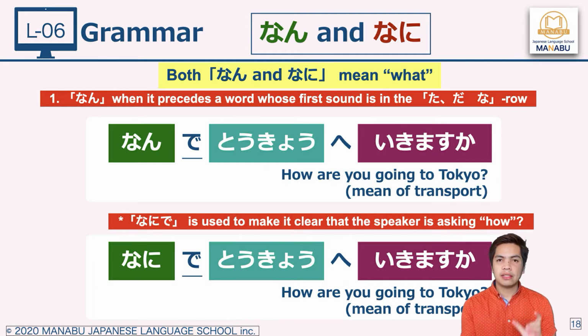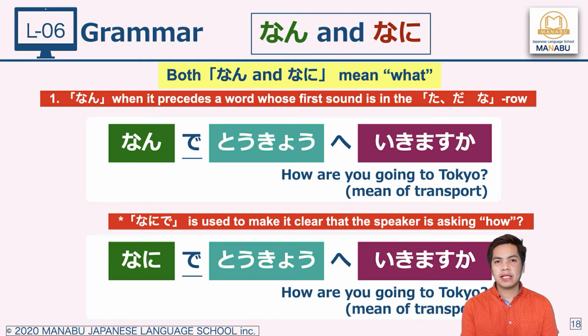We can use nan or nani. So there are cases that we can use both nan and nani. In this example, nan de Tokyo e ikimasu ka? The phrase Tokyo e is going to Tokyo, and the verb ikimasu, will go to Tokyo. Then the interrogative is nan de.